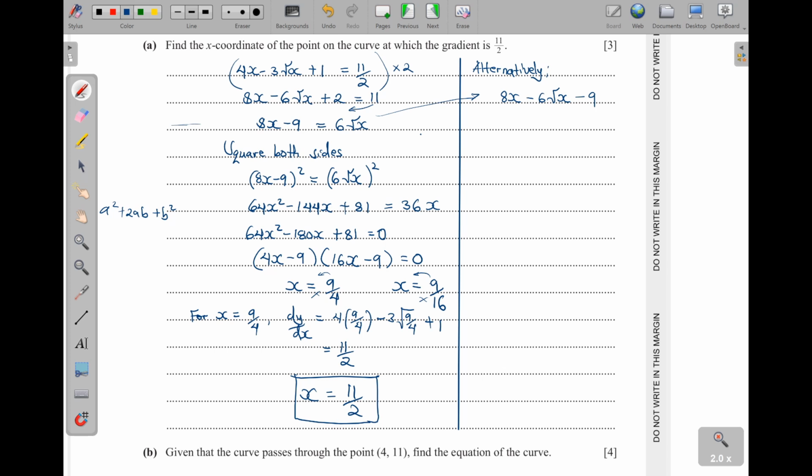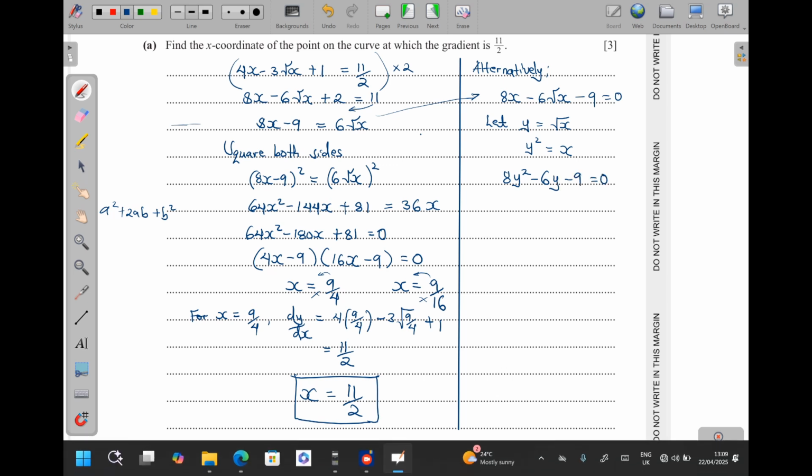Then I can let it, it looks complicated, equal to 0. I can let another letter, let's say y, equal to that complicated term, root x. That means when I square both sides, y squared is equal to the x here. Now, where there is x, you put y squared. So it will be 8y squared minus 6y minus 9, which is equal to 0.